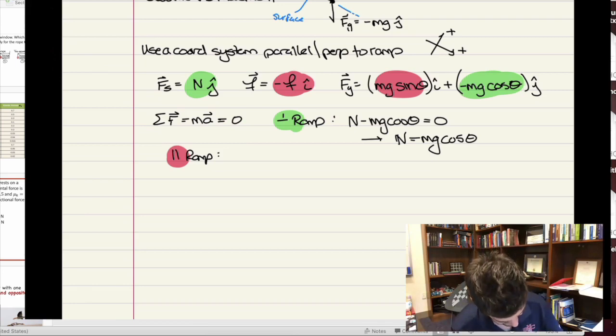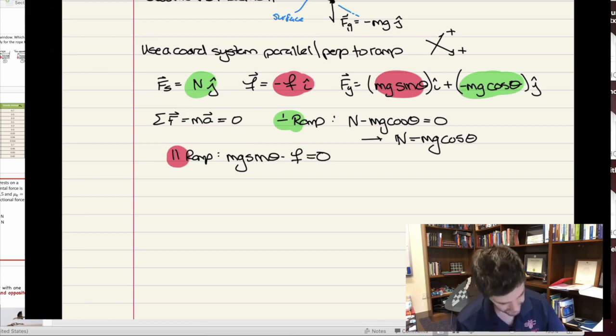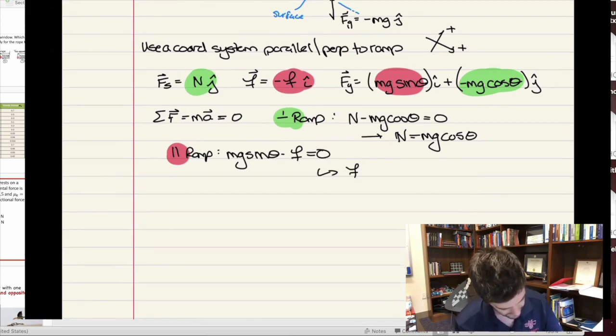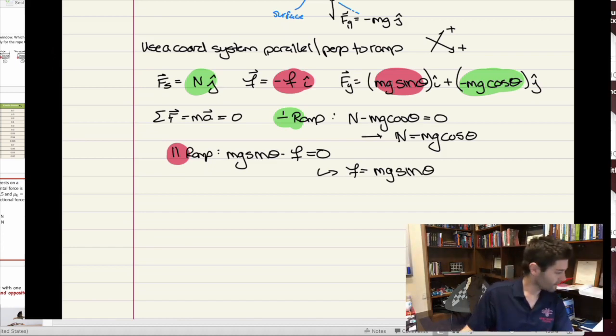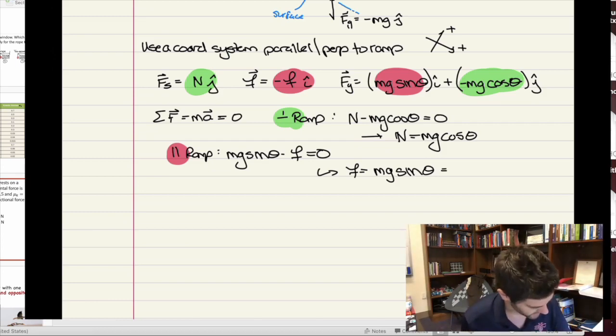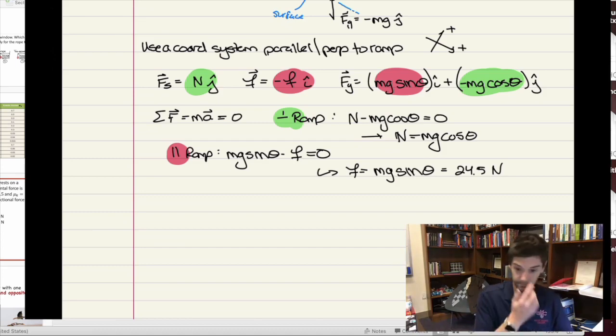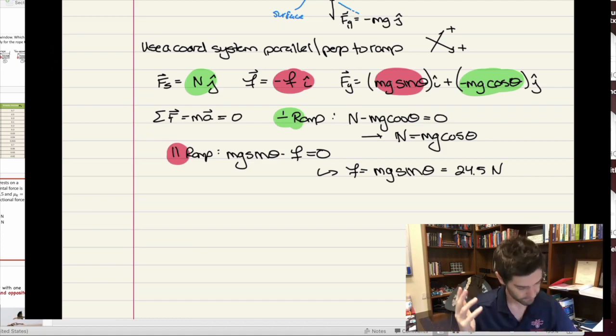So in this case, I would say mg sine theta minus the friction force equals 0, or that F equals mg sine theta, which I did pre-calculate, is 24.5 newtons. That is the friction force that is needed to keep everything stationary.